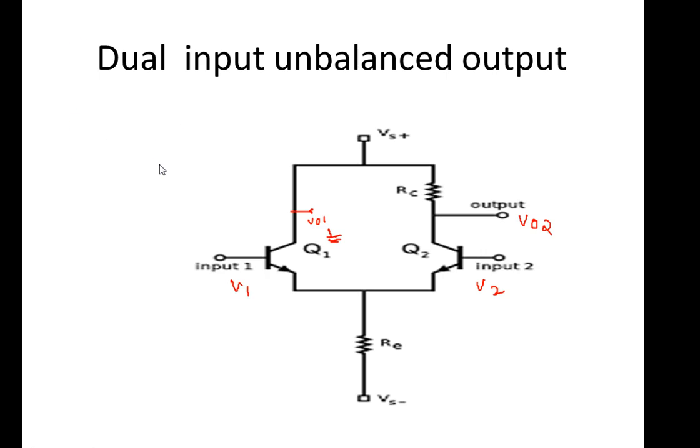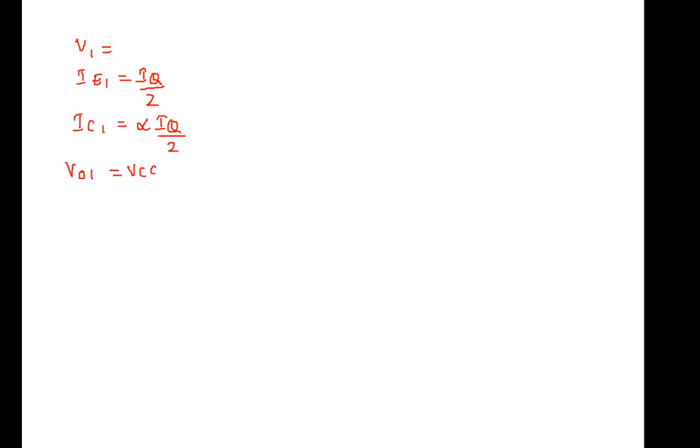V1 is applied, so IE1 becomes IQ by 2, and IC1 becomes alpha into IQ by 2. V01 becomes VCC minus... V01 is 0, so we don't need to consider V01.